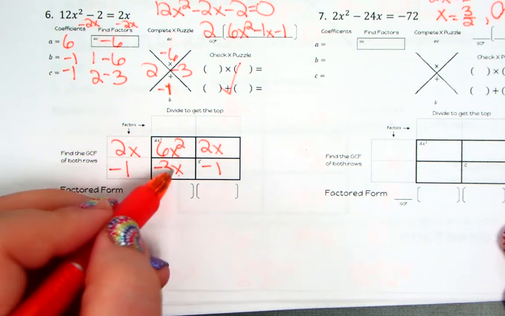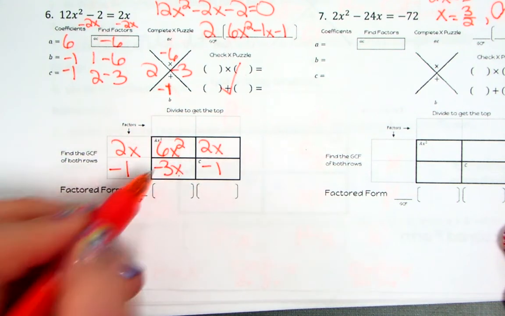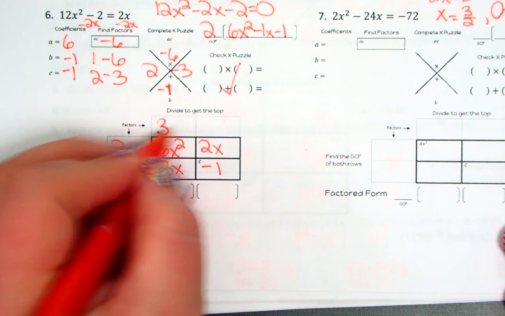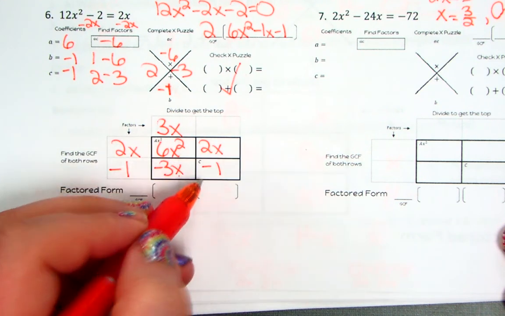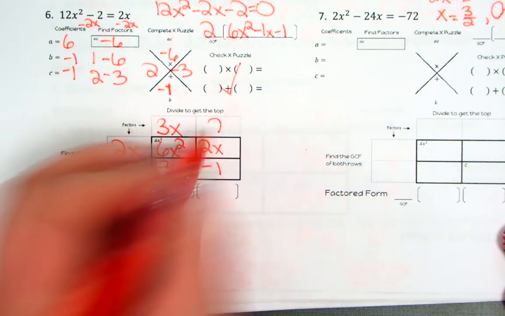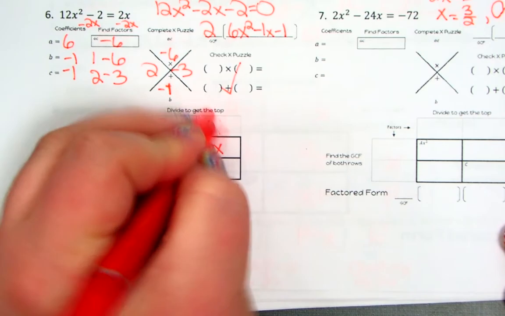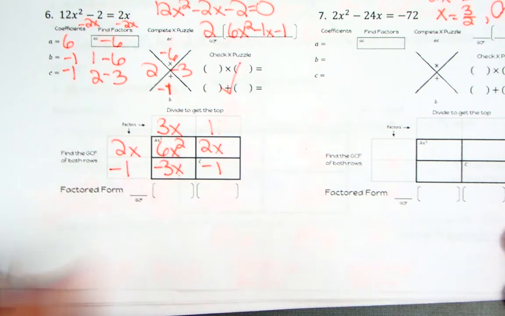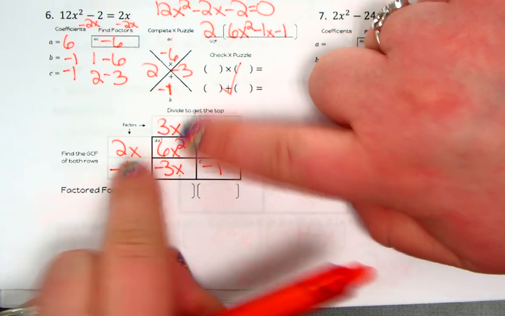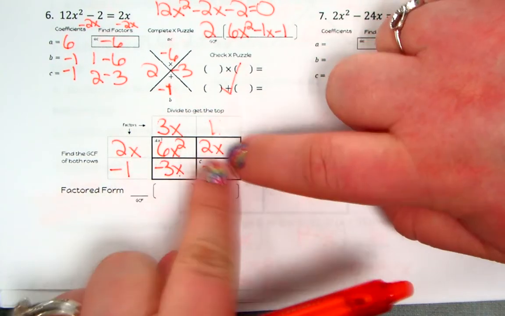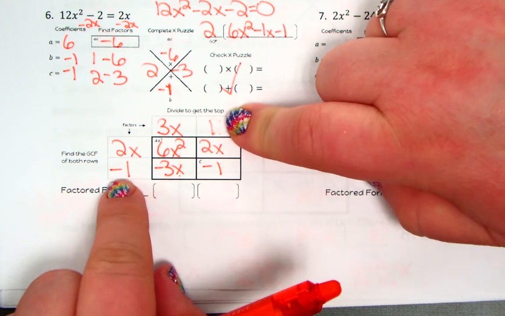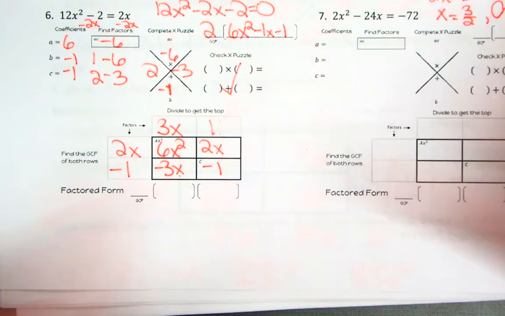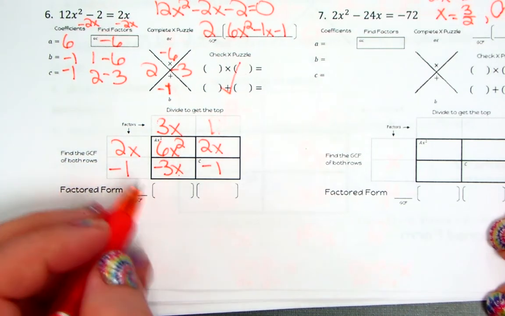Out of the left side, I can take a 3 and an x, and out of the right side, I can take out nothing in common, so just a 1. Double check. 2x and 3x, 2x and 1, 3x times negative 1, and negative 1 times 1. And they all multiply correctly into the box.